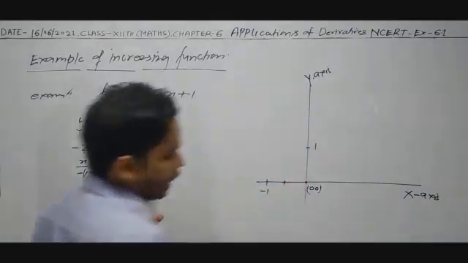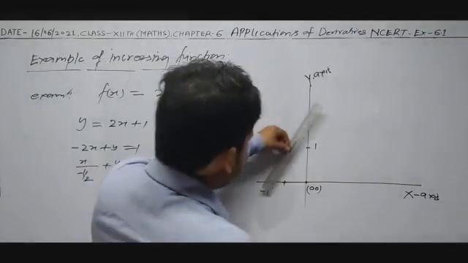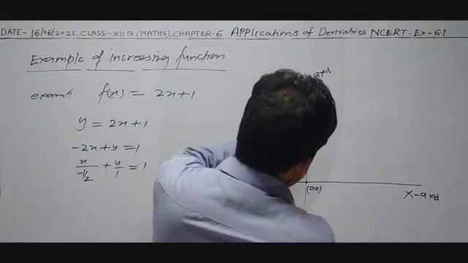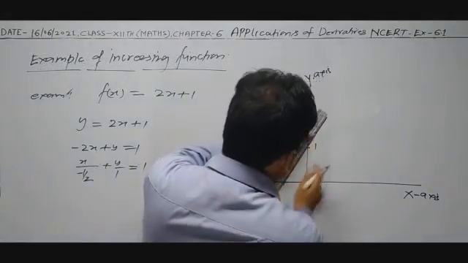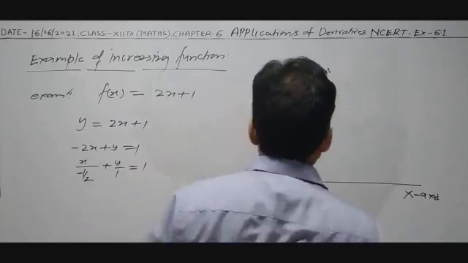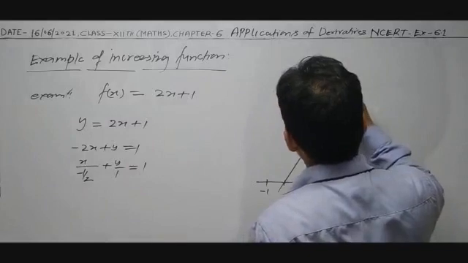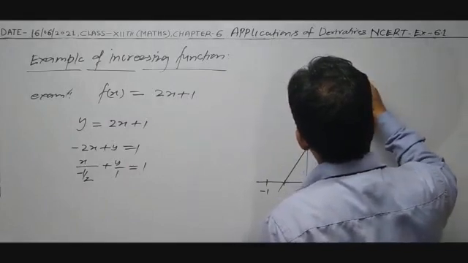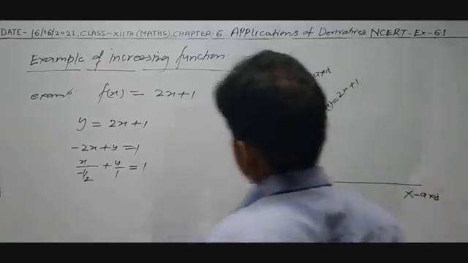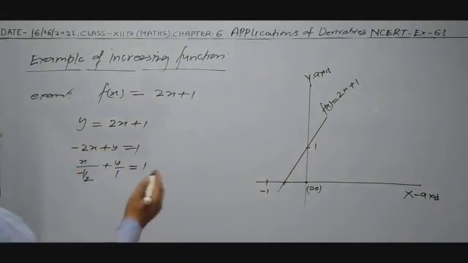So this will be the line. This line represents the line y is equal to, or f(x) is equal to 2x plus 1. So this is the intercept format to draw the figure.